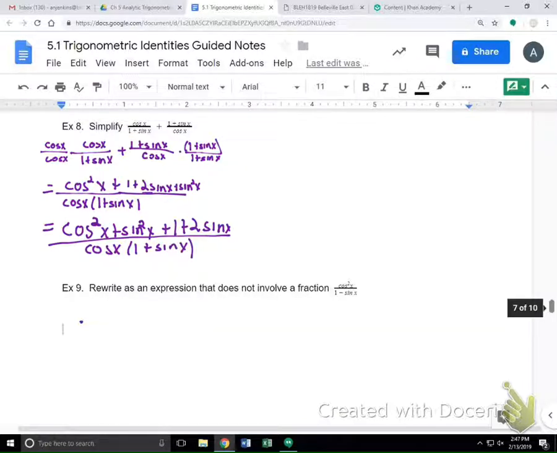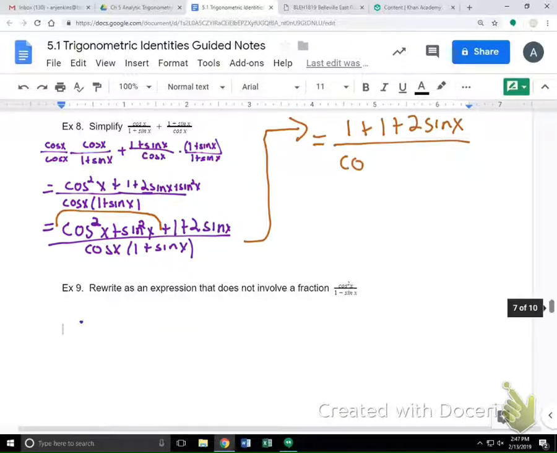I rewrote the whole thing because I wanted you to see something beautiful occurred. We have 1 plus 2 sine of x all over cosine x times 1 plus sine of x. You did not have to show that step.